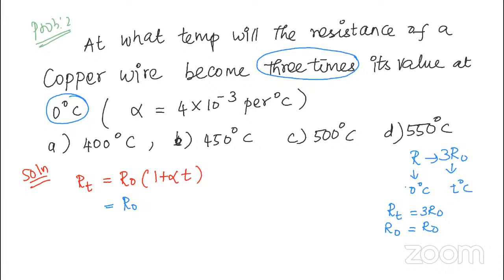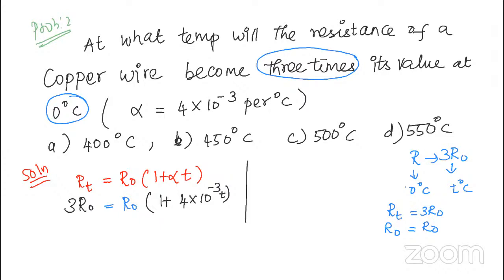So this is the 3 times now. So 3 into R naught upon R naught into 1 plus alpha; they have given the value of alpha, what is it? It is 4 into 10 power of minus 3, into T.